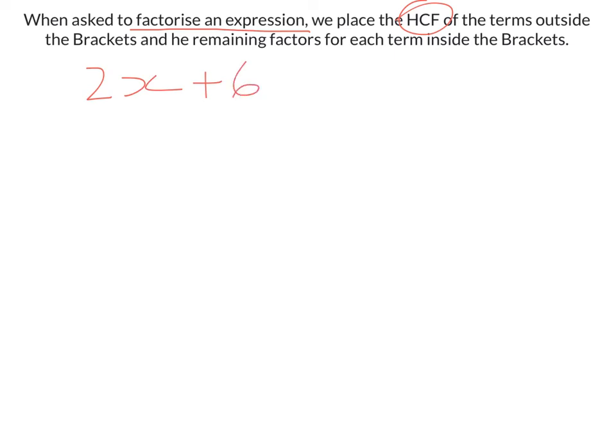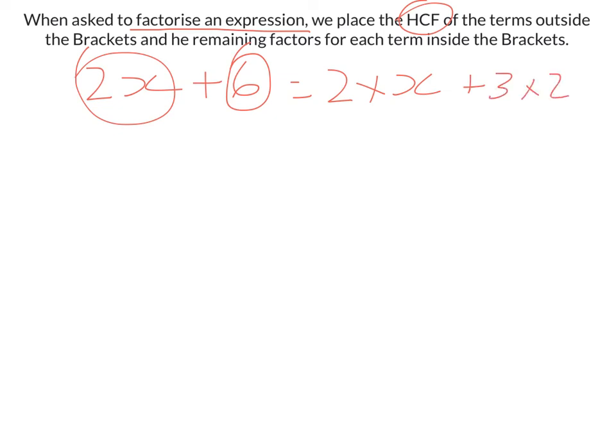We know that 2x is the same as 2 times x, and 6 can be broken down to its factors of 3 times 2. Now what is our common factor in this? 2. They are both the same. So 2 needs to be put on the outside of our brackets. So it'll be 2 times what's left, x plus 3.